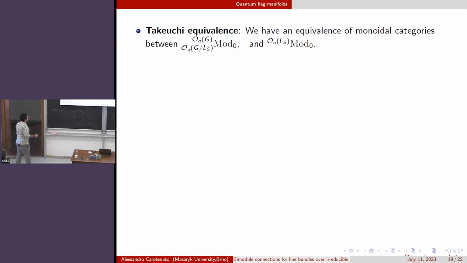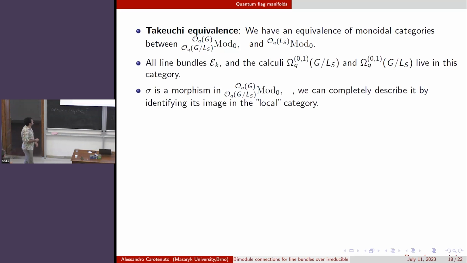If this condition holds, we have a Takeuchi equivalence, an equivalence of monoidal categories, where on one side we have the tensor product of O_q(G/L_S)-bimodules, and on the other side just the tensor product of O_q(L_S) left comodules.